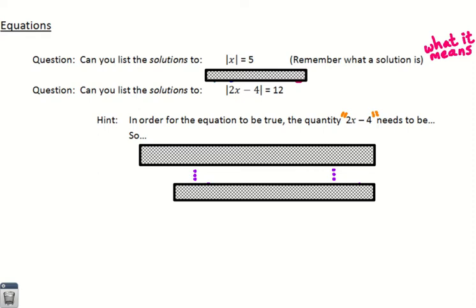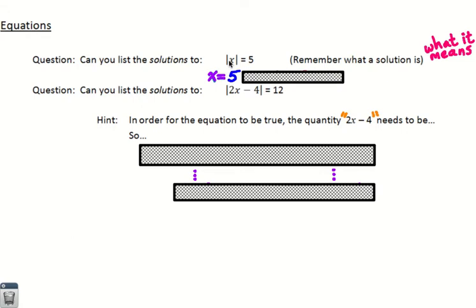So let's look at absolute value equations. Look at this simple thing. Can you list the solutions to this? What could x be to make this true? The absolute value of what equals 5? What number in for x would make that true?